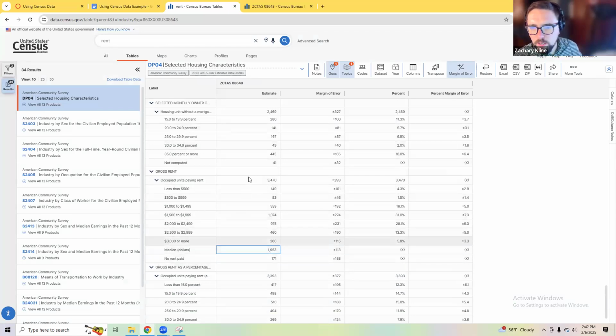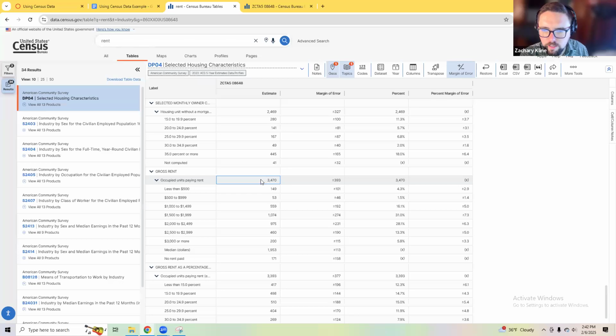This is showing the number of units paying the given amounts of rent. So this is the total number of units that are paying rent: there are 3,470 housing units where there's a resident paying rent. And 149 of these units are paying less than $500 in rent. So these folks are very lucky or stuck in the 1980s.